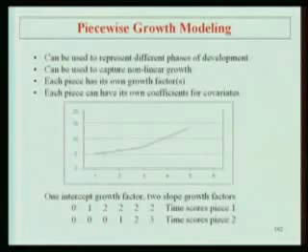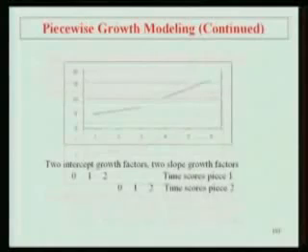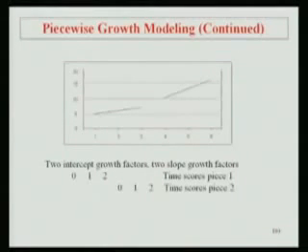Now, if you think about a situation on the left screen, to me, this is really not a piecewise model. It's more of a sequential model, because you may have two pieces, but they both have different intercepts and different slopes.